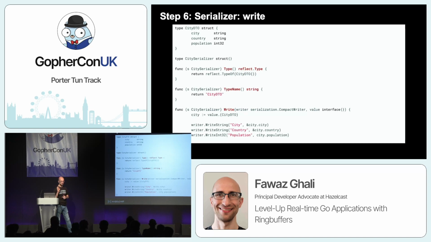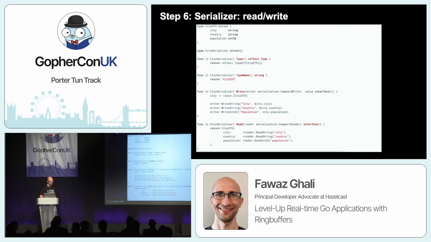Don't just put the structure as it is in your Ringbuffer. It will work, but performance-wise, it's bad practice. The good practice is to do serialization whenever you want to write, and the same thing whenever you want to read.